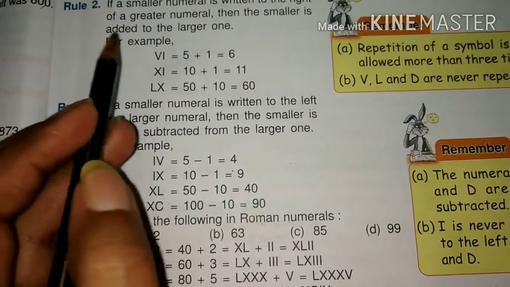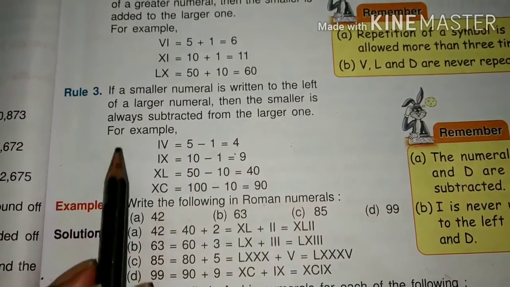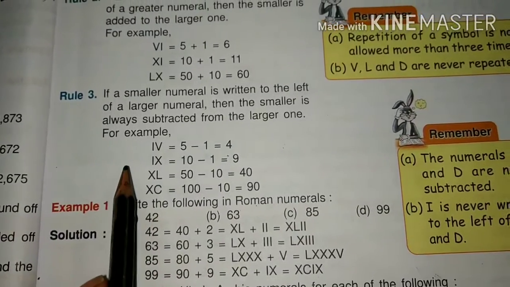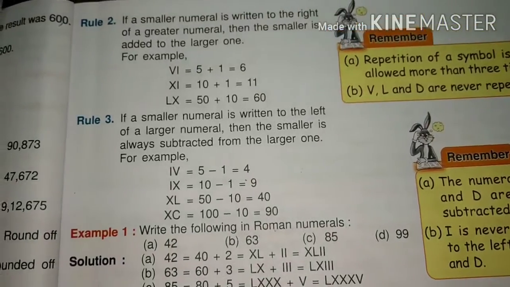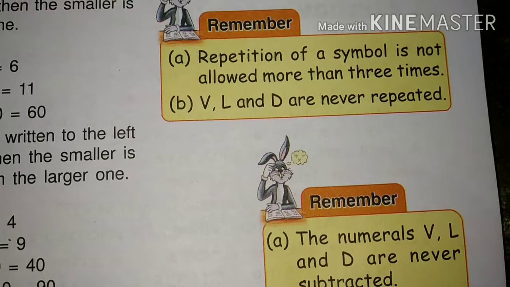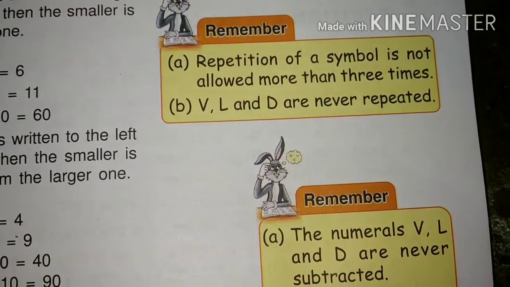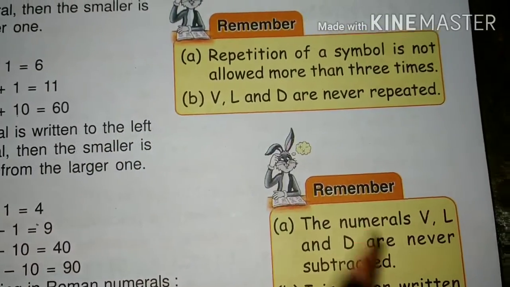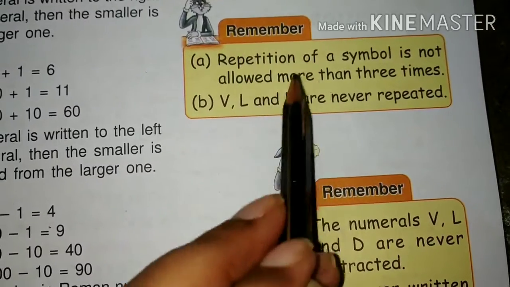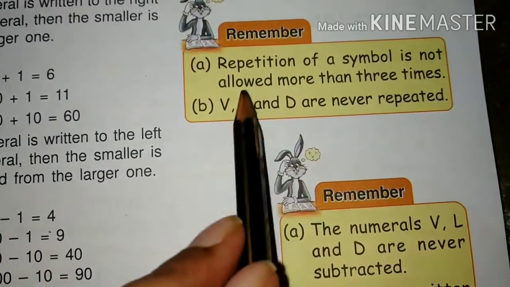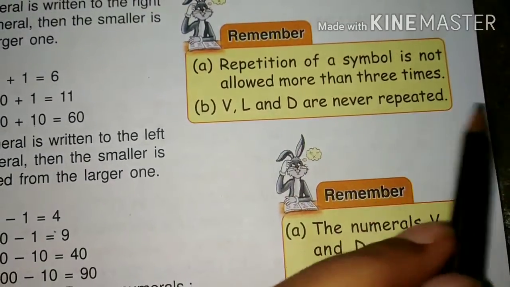So students, these are the 3 rules which we are going to use for writing the Roman numerals. This you have to learn it. Students, these are the things which we have to remember. Repetition of a symbol is not allowed more than 3 times.